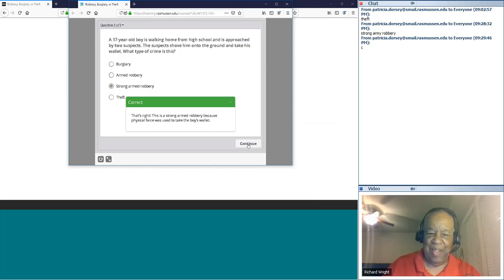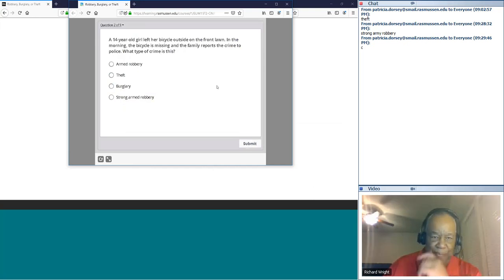Okay, let's do one more. A 14-year-old girl left her bicycle, this is a tricky one here, outside on the front lawn. In the morning, the bicycle is missing, and the family reports the crime to police. What type of crime is this?